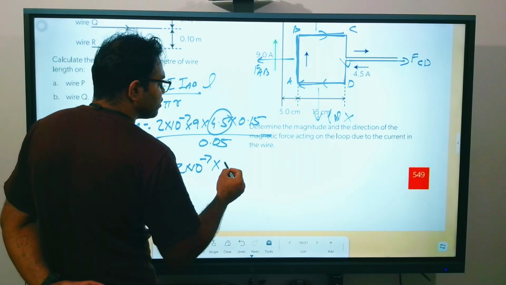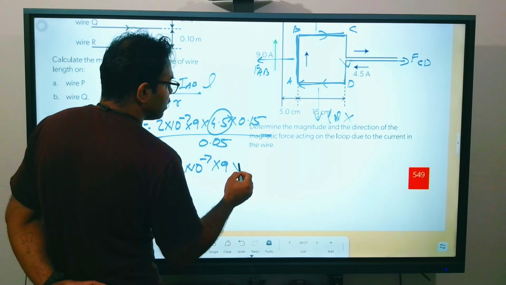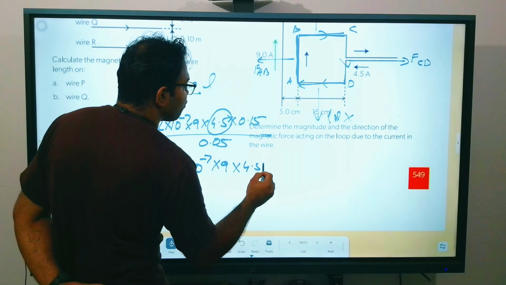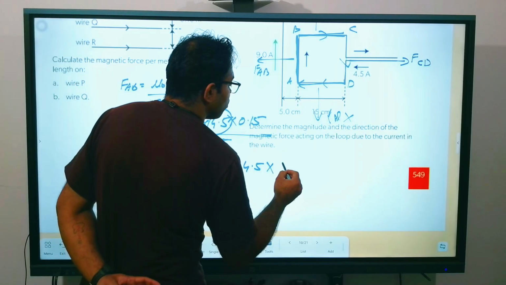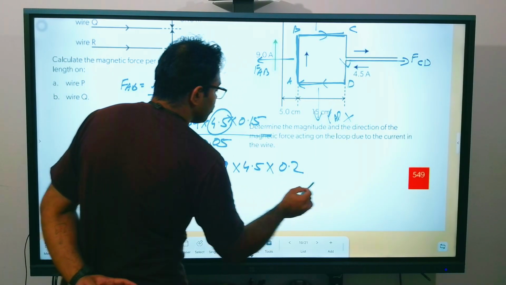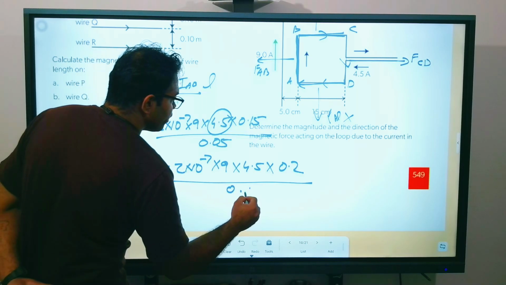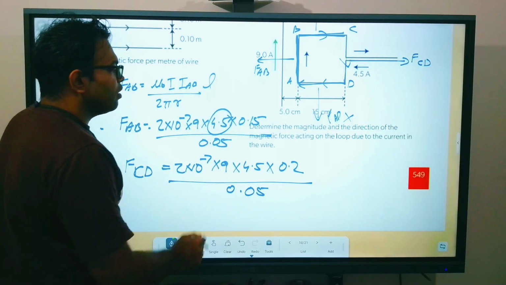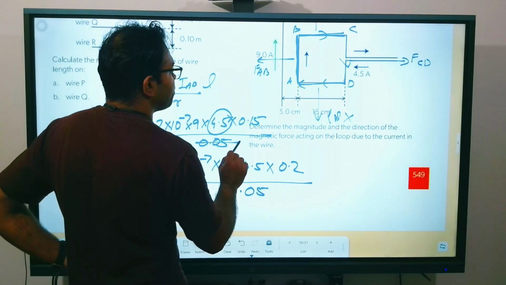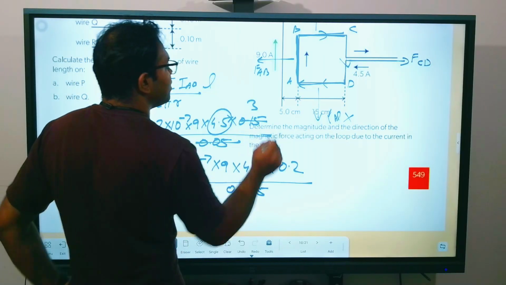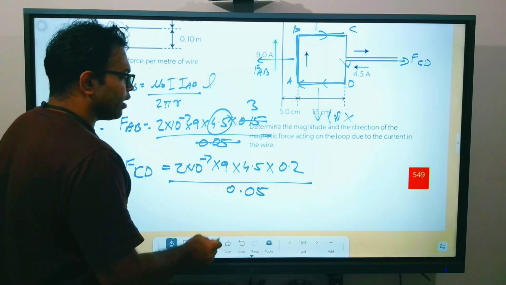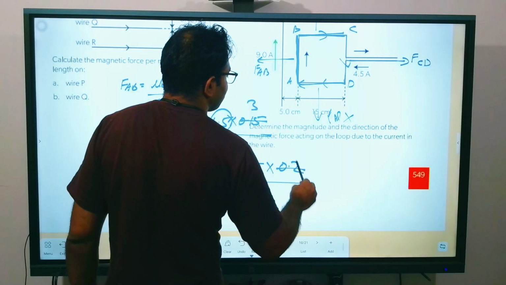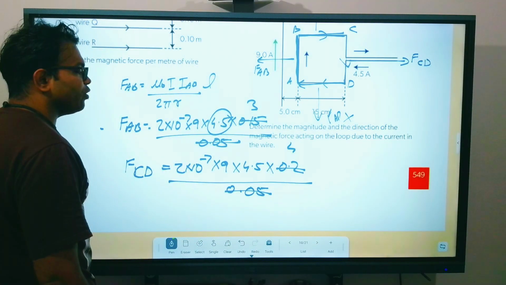So it will be this into 9 into 4.5 into 0.2 upon 0.05. Okay, clear? So 0.05 multiplied by 3 is 0.15, and 0.05 multiplied by 4 is 0.2.